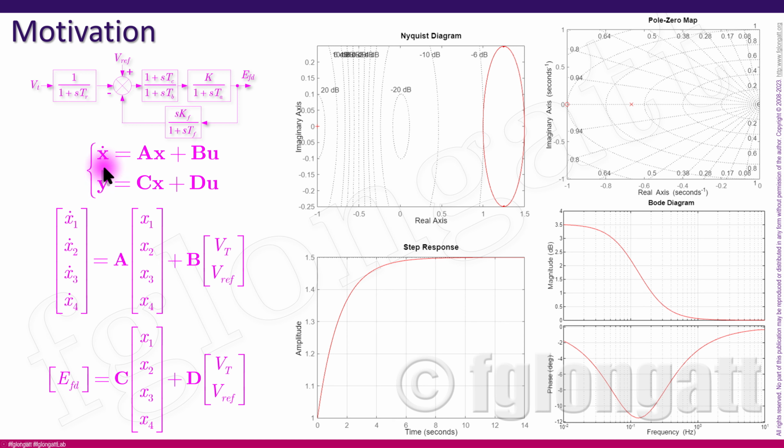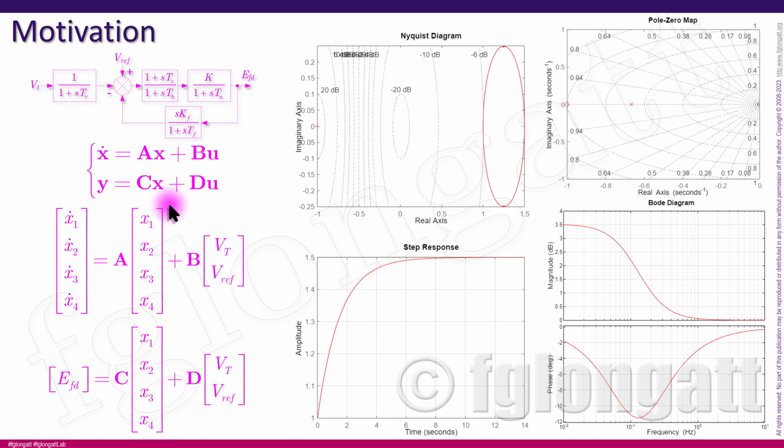The differential equations are based on the state vector, and inside the state vector you have the state variables. As you must remember, there are four matrices, A, B, C, and D. When we combine all of them, we have the dynamic behavior of the system.